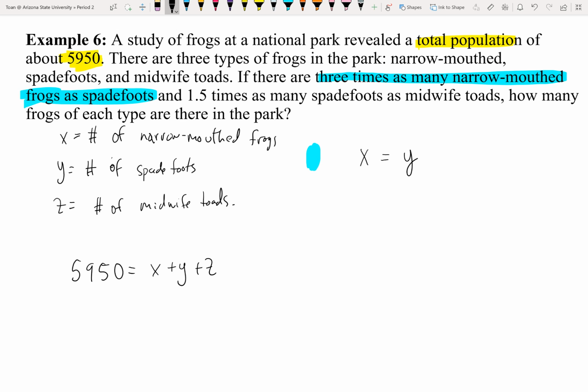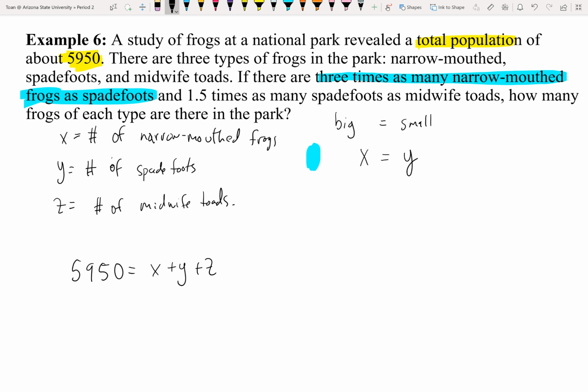Now read that story. There are 3 times as many narrow-mouthed frogs as spadefoots. So which should be a bigger number, narrow mouths or spadefoots? Narrow mouth should be the bigger number, right? So that's x. Do you agree? The equation says big equals small, which is a false statement because big should not equal small.